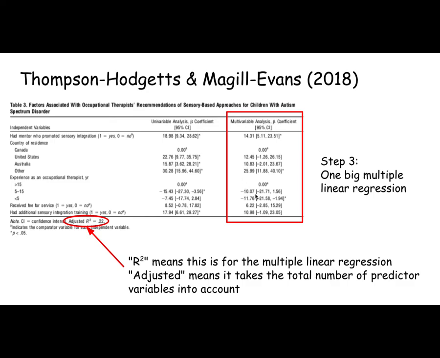So you don't know whether they're correcting for these different units, right? So unit of residence, whether or not they had a mentor, years in as an occupational therapist, those are totally different units. They're not saying whether these betas take that into account.